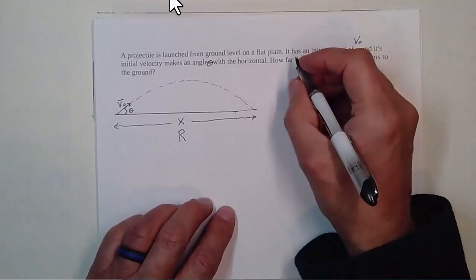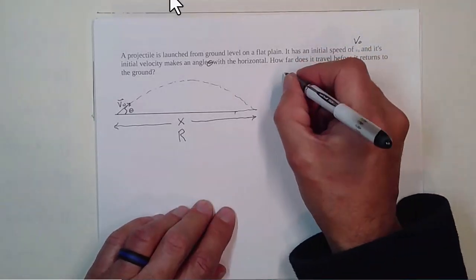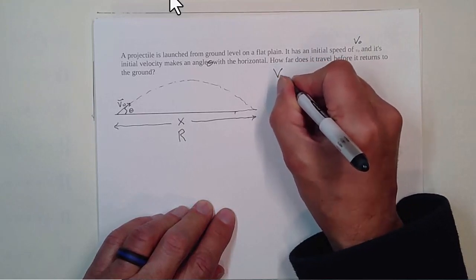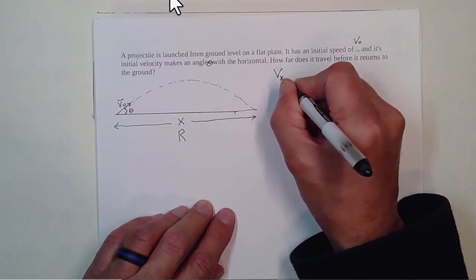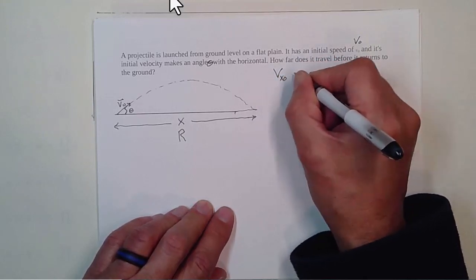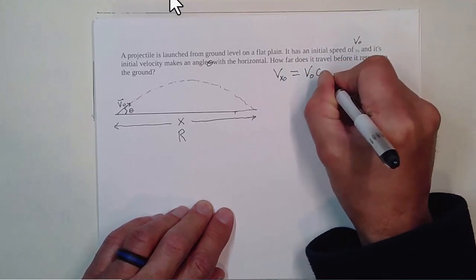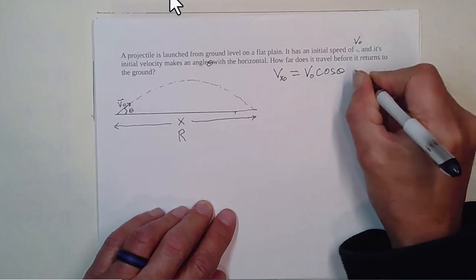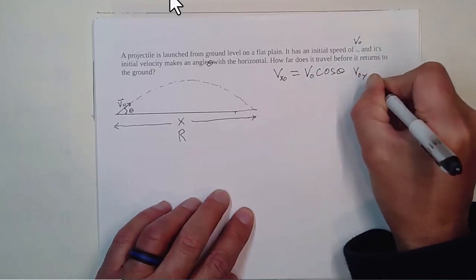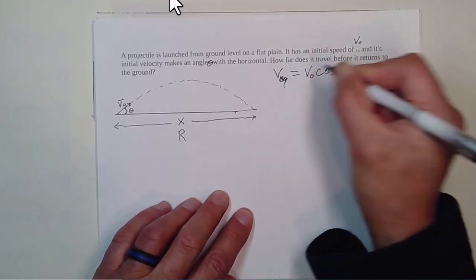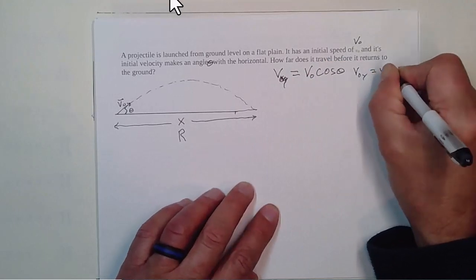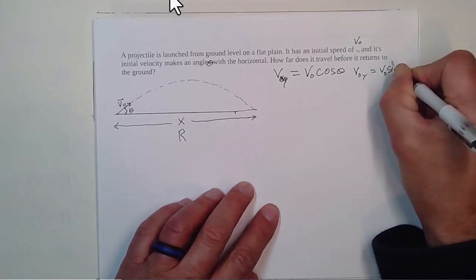Our projectile motion equations are that v sub x naught, or v naught x, whatever we call it, is equal to v naught cosine theta, v naught y, I think that's the way I've been writing them, is equal to v naught sine theta.